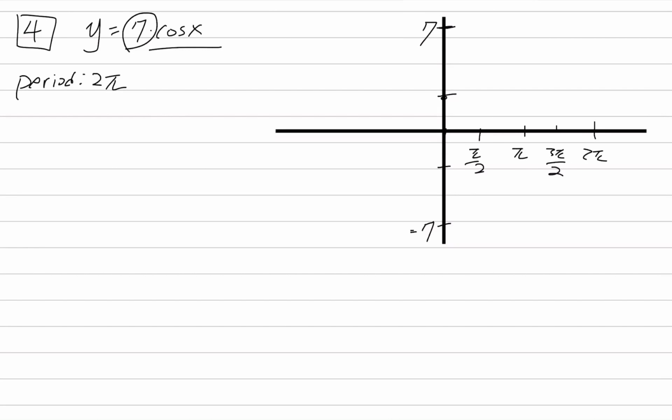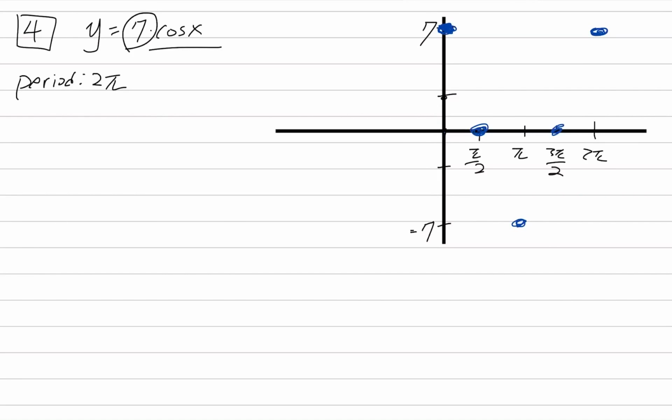Okay. So then let's plot some points. So here, 7 cosine x at 0 will be, cosine 0 is 1, so 7 times 1 gives us 7. Okay. And it follows this pattern, touches here, here, here, here, like that.